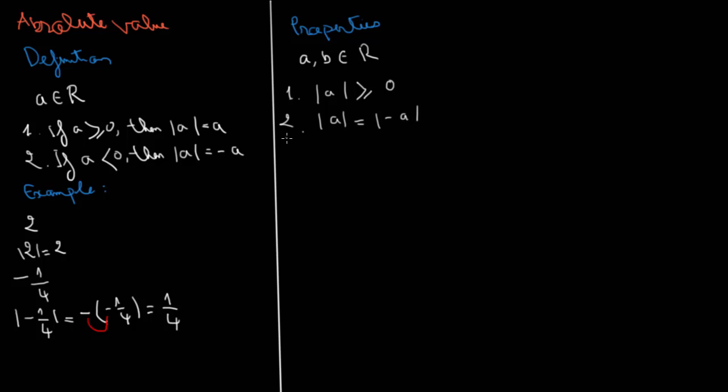And the last statement is that the absolute value of a minus b simply equals the absolute value of b minus a. Let me take some examples to show what I mean here.